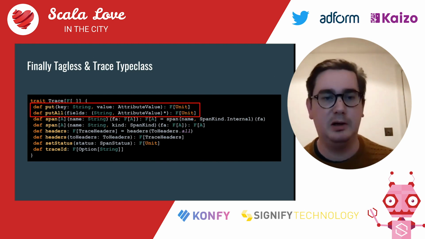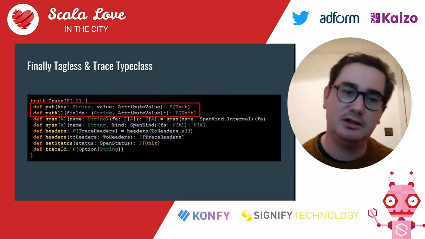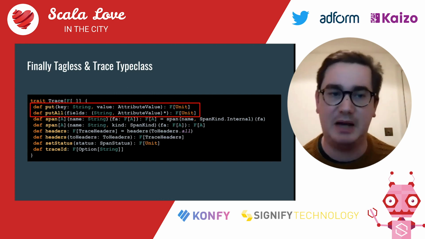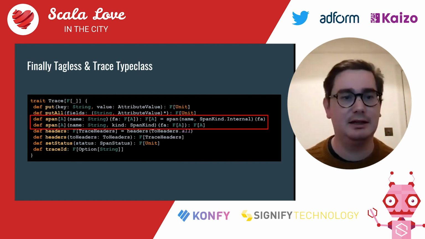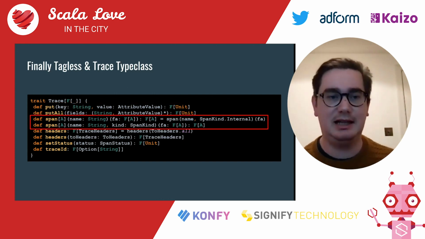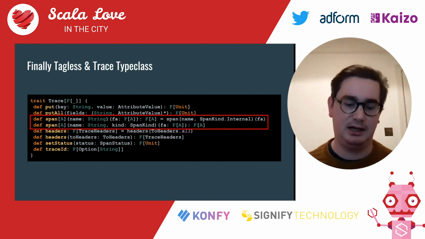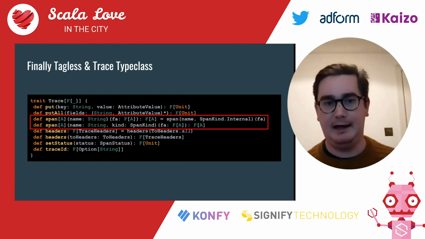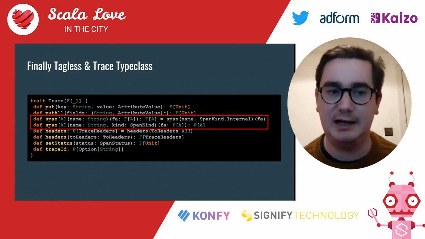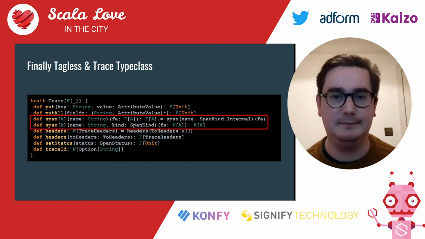These two, put and putAll, which allow you to add attributes to a span, and span, which allows you to create a new child from a parent. So if you remember in that visualization, you can say, well, given a span, I want to create a child from it.